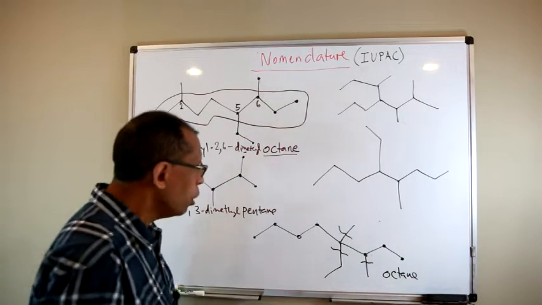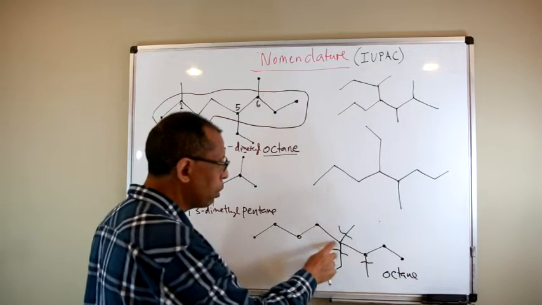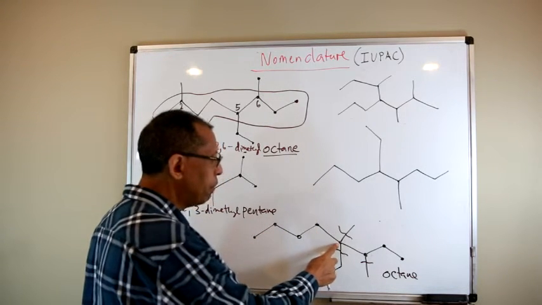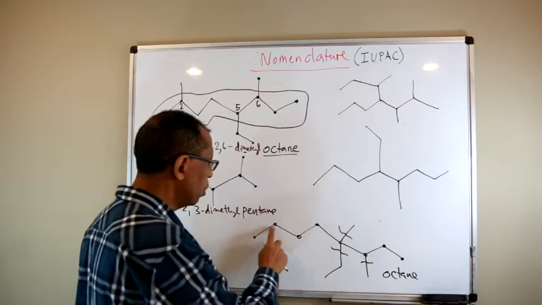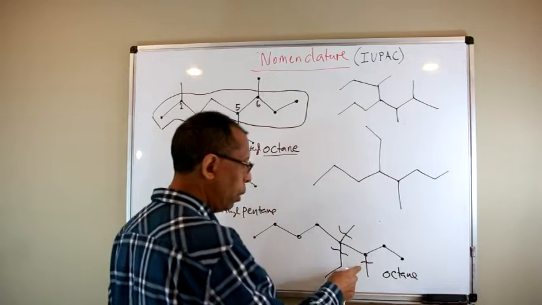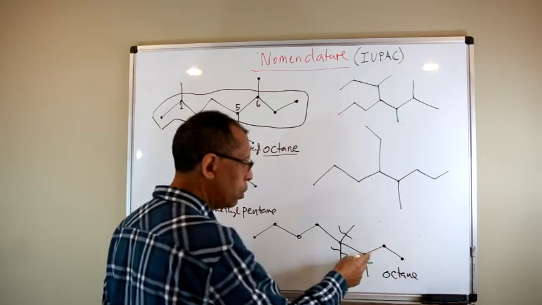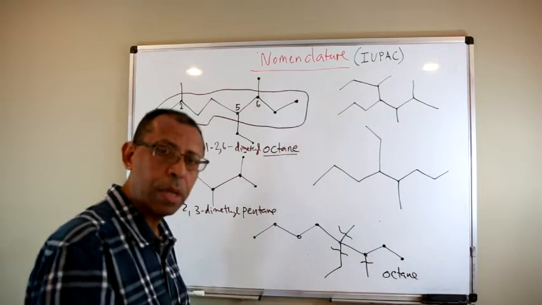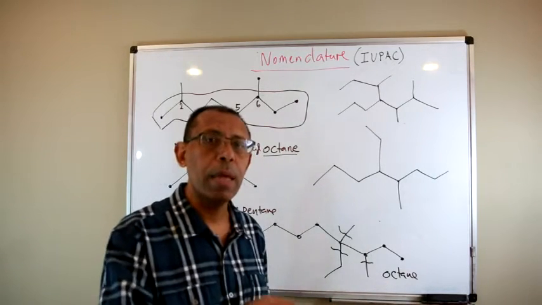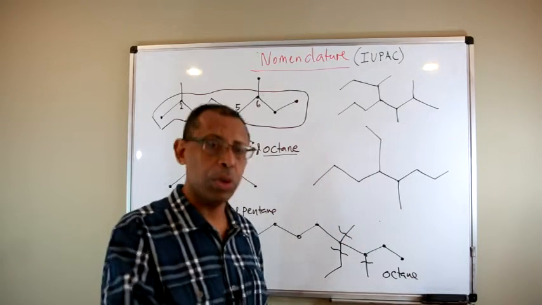So you wouldn't start counting from here, 1, 2, 3, 4, because the first substituent would be at 5. I have a possibility where my substituent would start at 3, 1, 2, 3. So I start counting from the end which gives my first substituent the lowest number.